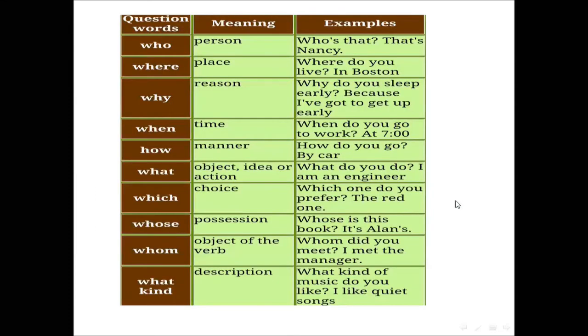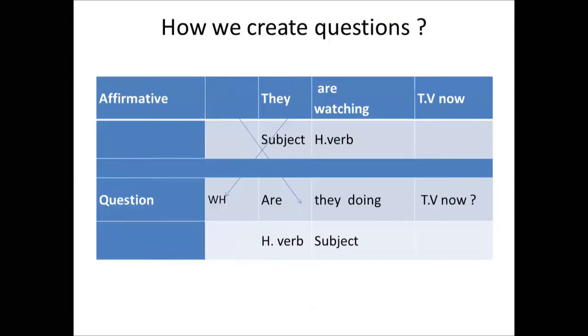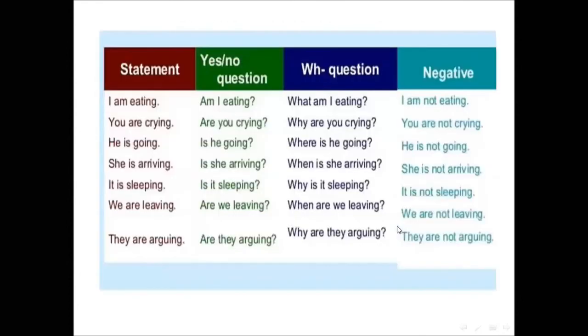Here also the question words that I explained before. Now, if you want to create a wh question, we start with the question word what, when, where, how many, how often, then the helping verb is, am, are, then the subject, then the verb with ing, and this kind of question needs information.